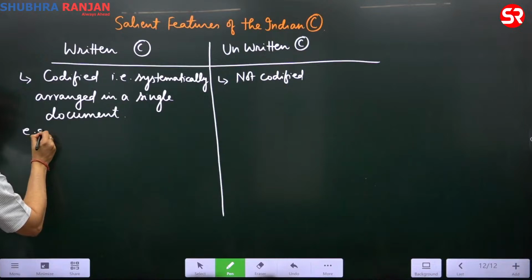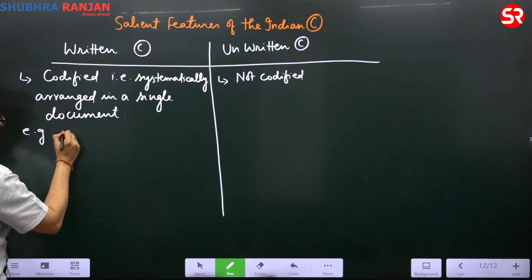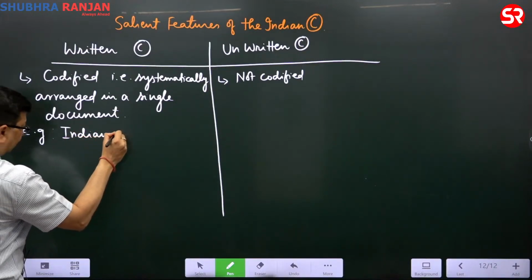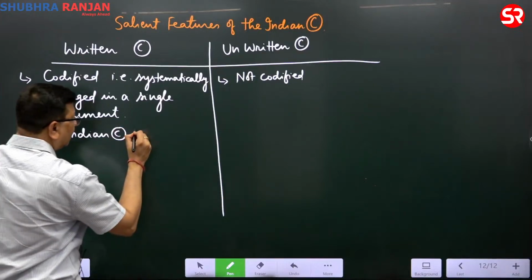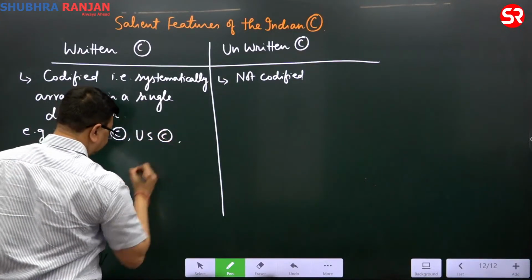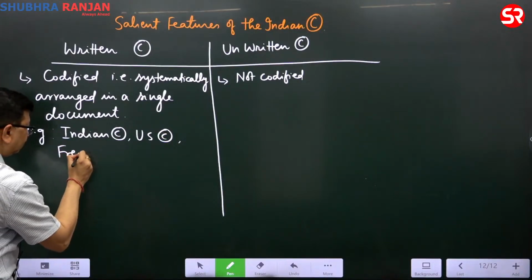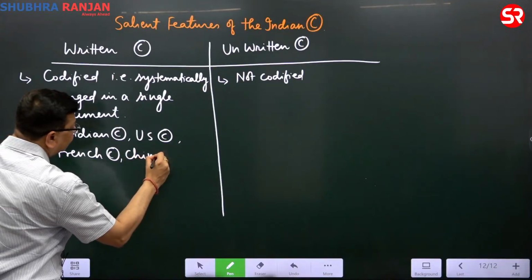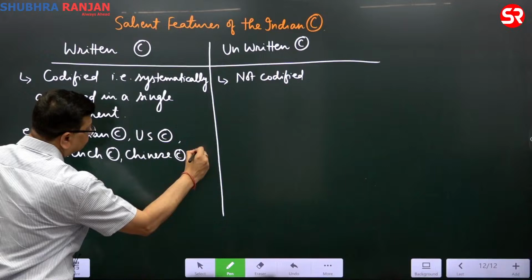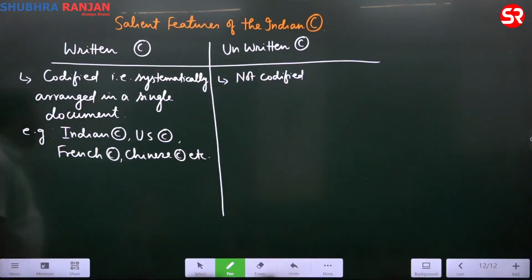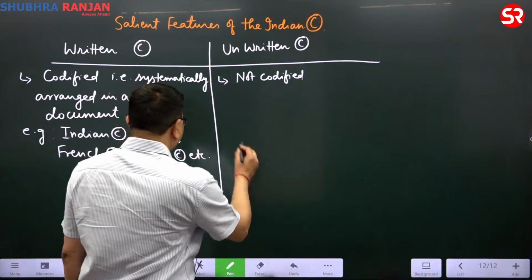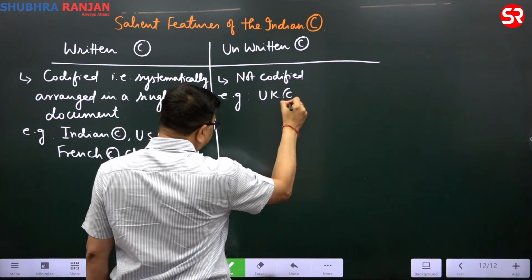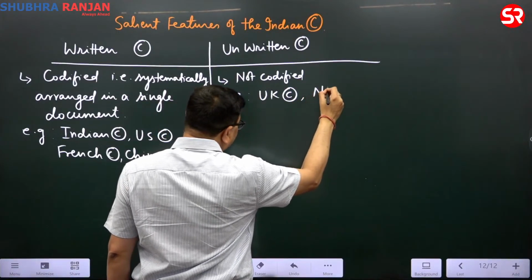The examples here can be of a written constitution: the Indian constitution, US constitution, French constitution, Chinese constitution, etc. And for unwritten constitution, the examples: the UK constitution, the constitution of New Zealand.